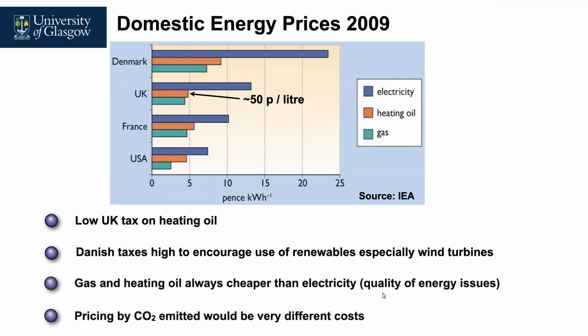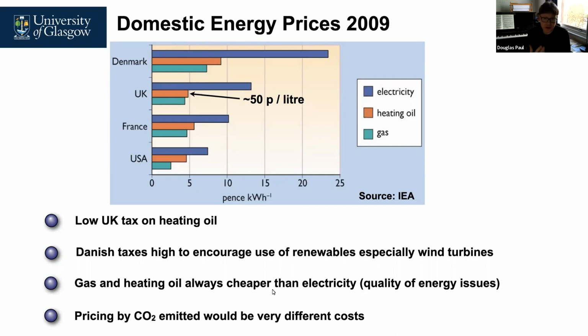Now, gas and heating oil are always cheaper than electricity. And this comes back to the argument we made in earlier lectures about the quality of the energy. So electricity, as you'll see in the next couple of slides as well, is always much higher.